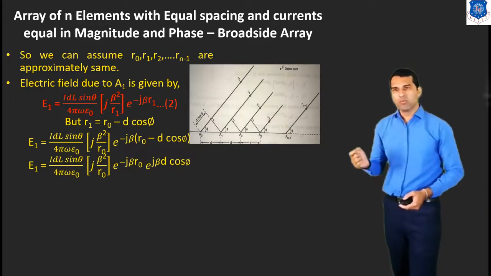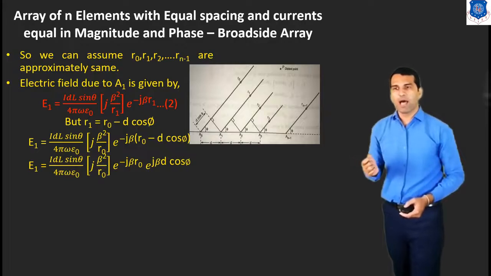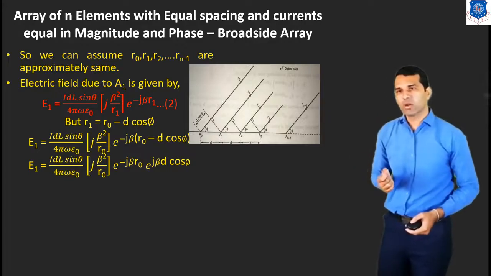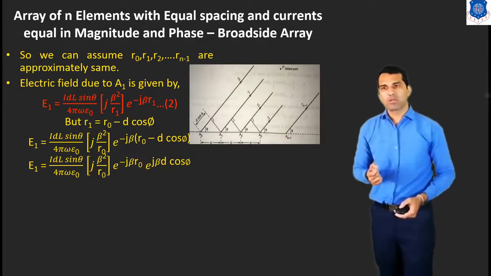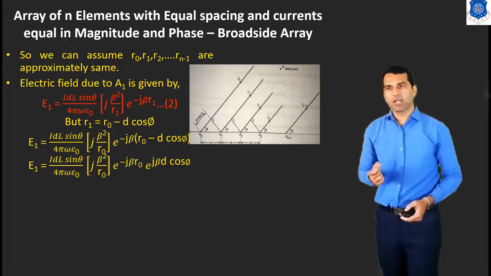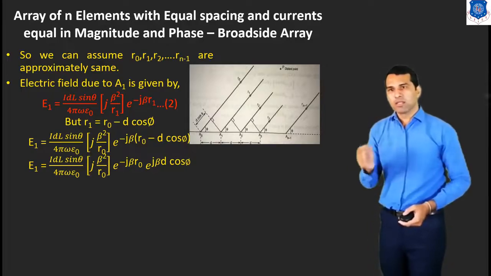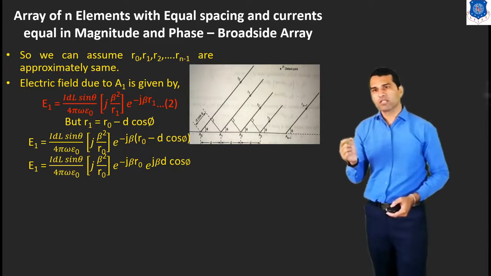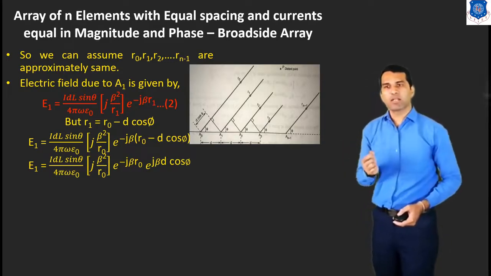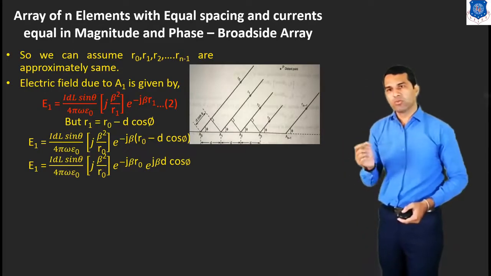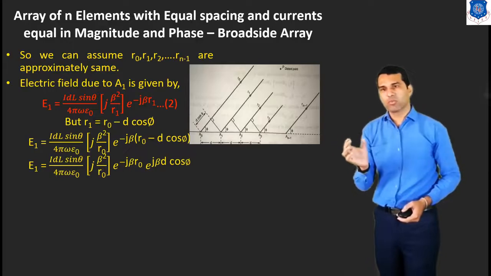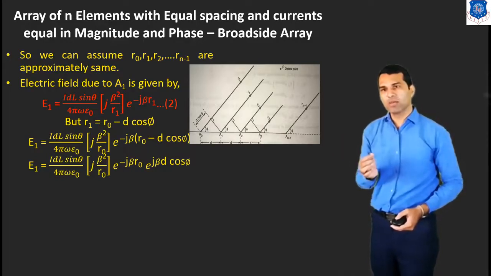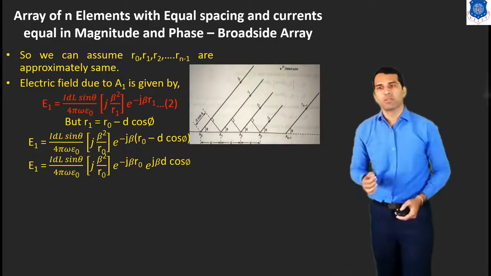Now we solve this equation: I dl sin theta over 4 pi omega epsilon 0 is the same, j beta squared upon r0 is the same. Now we solve the term e raised to minus j beta (r0 minus d cos phi). We divide this into two portions: e raised to minus j beta r0 and e raised to j beta d cos phi.